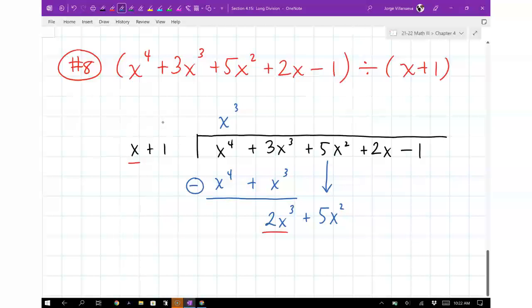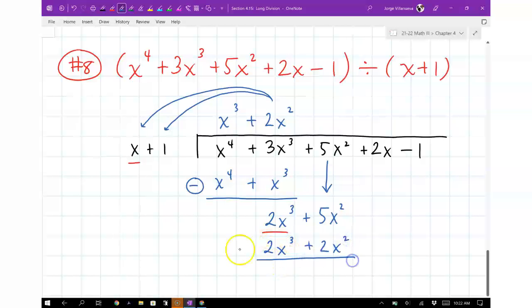X times what is 2x? All right, good. 2x squared. Positive 2x squared. Let's multiply that in. Notice I just draw the arrows. You guys don't have to do that. I'm just doing it for a visual so you can see what I'm doing. So 2x squared times x, that's 2x cubed. 2x squared times 1 is a positive 2x squared.